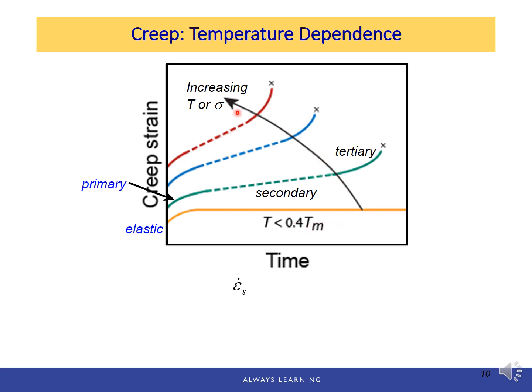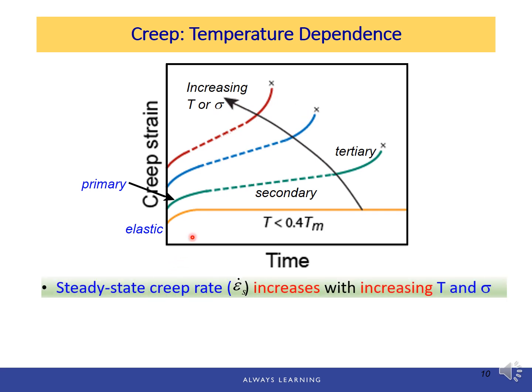Now we can see that by increasing the temperature or the applied stress, the steady-state creep rate, or the slope, increases as well. The rupture lifetime decreases with increasing temperature and applied stress.